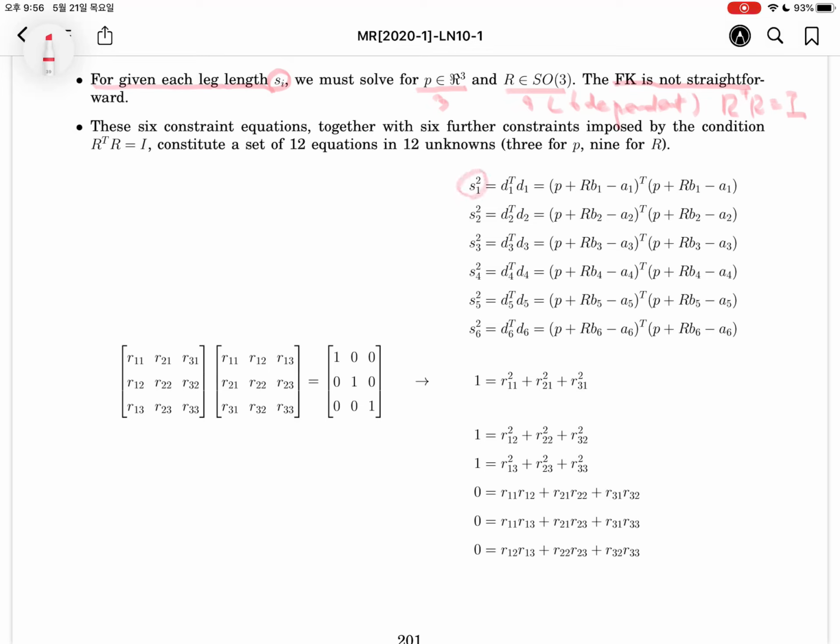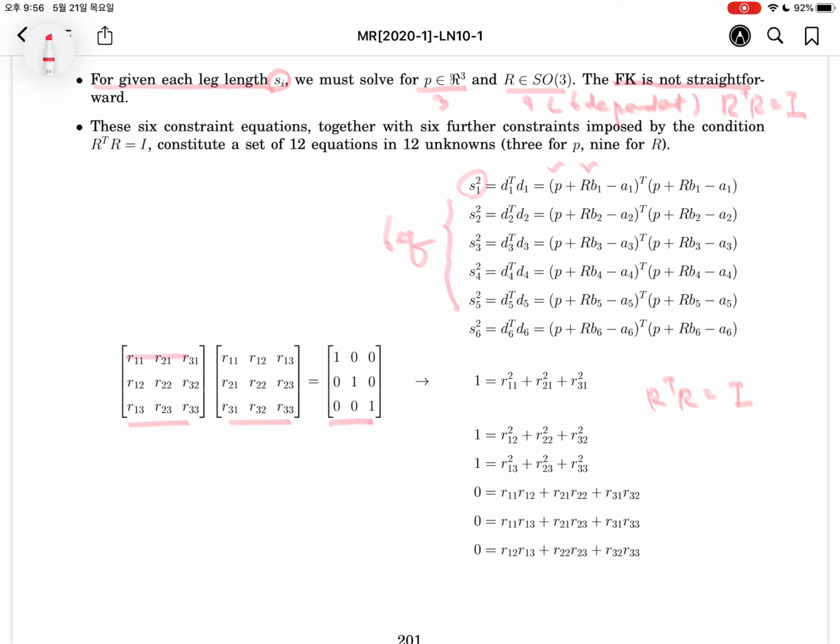For given Si, we have 6 legs, so we have 6 equations. Here, we should determine P and R, 12 unknowns. But as mentioned before, R transpose R should be equal to identity. So R times R transpose should be identity.